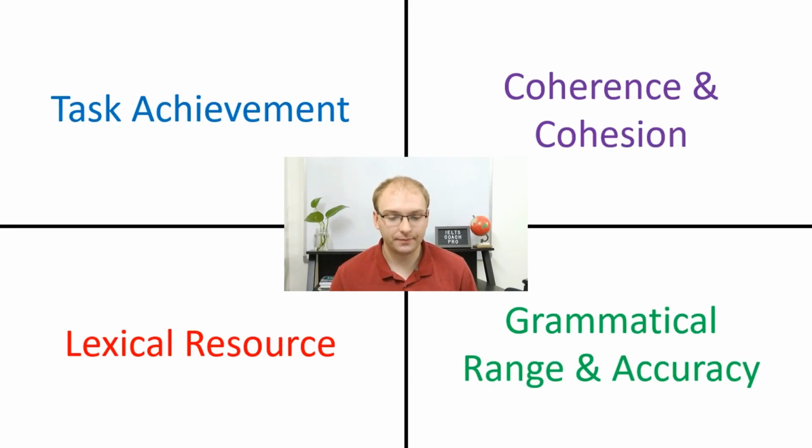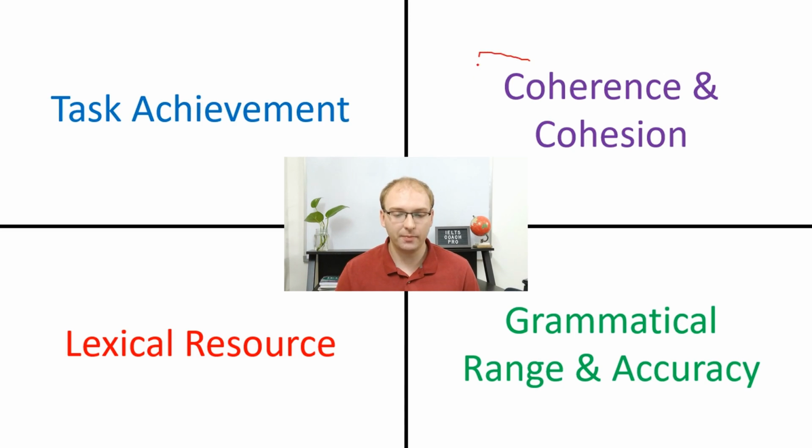As a reminder, these are the 4 IELTS writing criteria. So these are the things that the examiners will look at when they are marking your essay. You want to have good task achievement, which means answering the question and developing your main points. You need good coherence and cohesion, which means having a good structure, using referencing and substitution properly, and also using good linking devices.